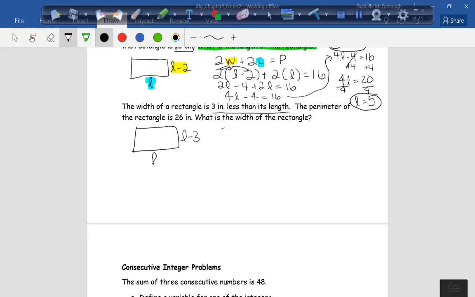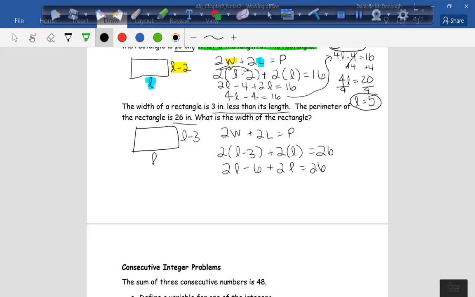Don't forget, your perimeter is 2 times the width plus 2 times the length, and that's equal to the perimeter. So this is going to be 2 times (L minus 3) plus 2 times the length, and this is equal to the perimeter, which is 26 this time. I'm going to distribute: 2L minus 6 plus 2L equals 26.